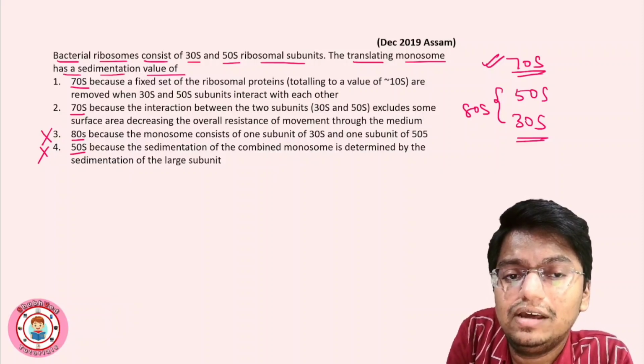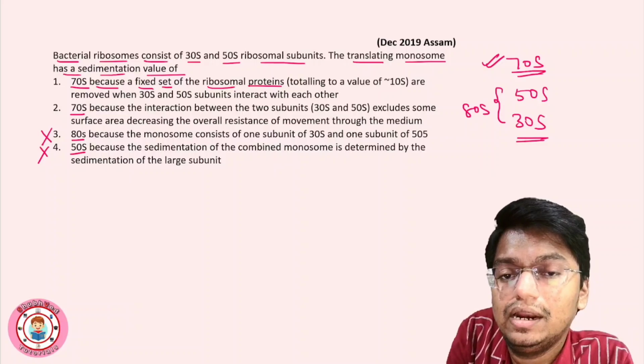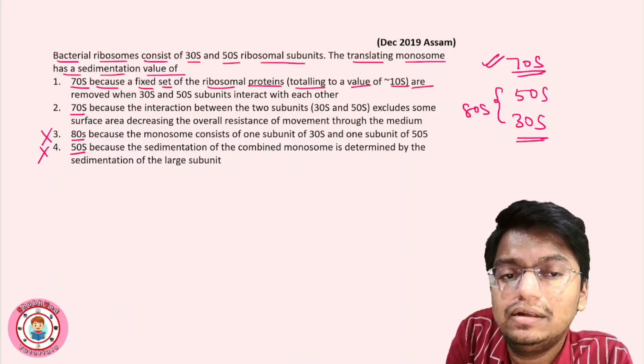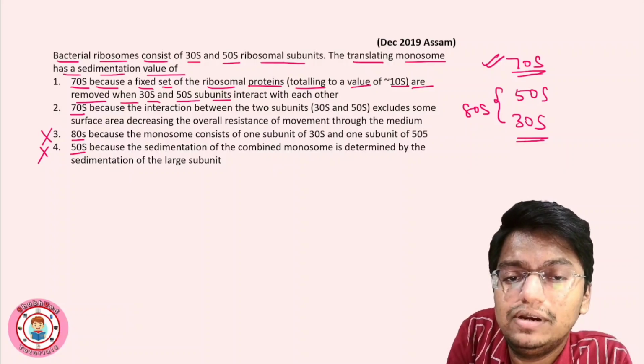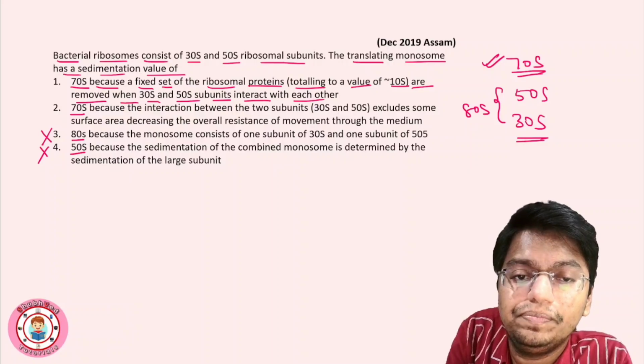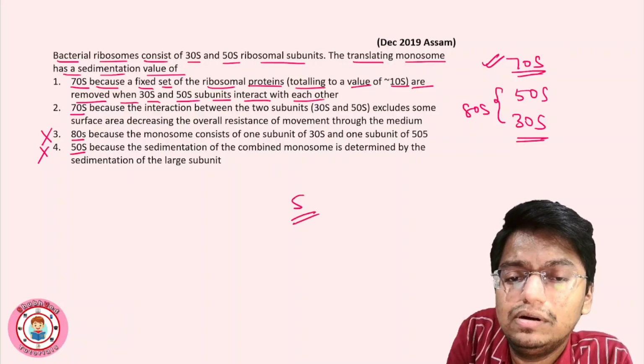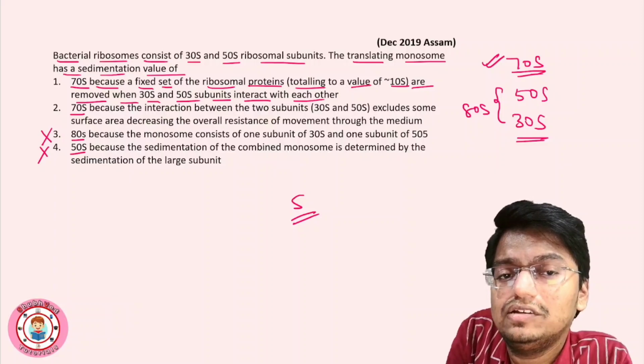70S because a fixed set of ribosomal proteins totaling to a value of 10S are removed when 30S and 50S subunits interact with each other. S stands for Svedberg, okay, in the sedimentation, right?